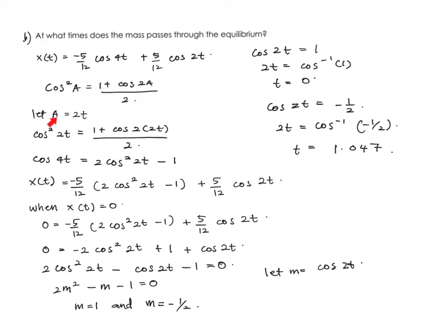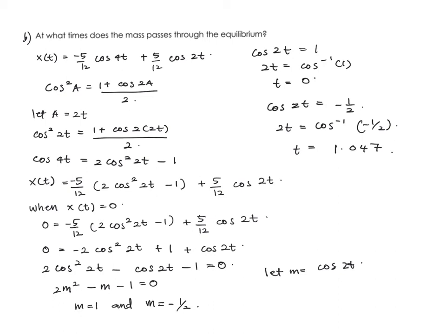And then we let A equal to 2t. So, we reorder, we get cos 4t equal to 2 cos square 2t minus 1. Then we substitute into this equation. So, we have xt equal to negative 5 over 12 times (2 cos square 2t minus 1) plus 5 over 12 cos 2t.